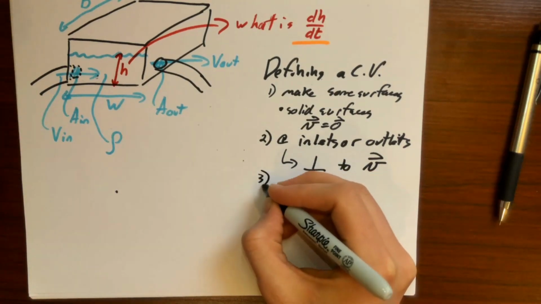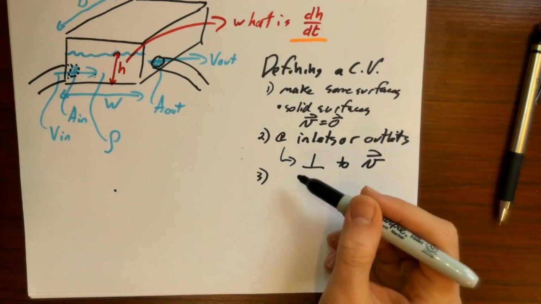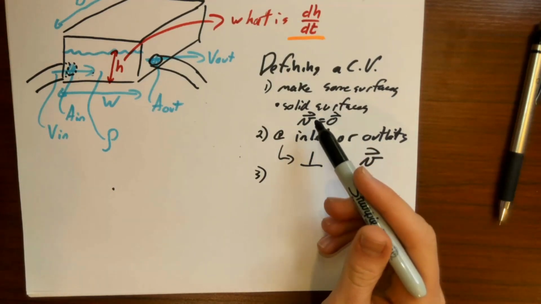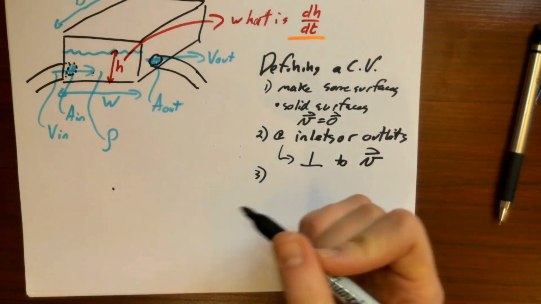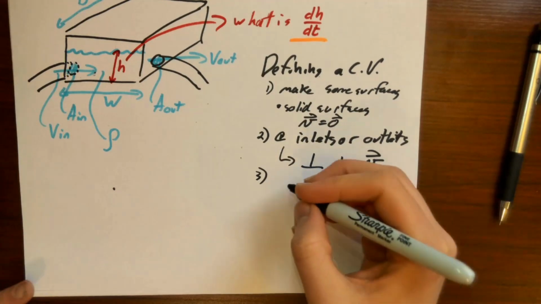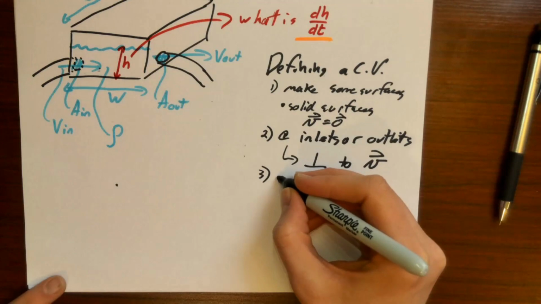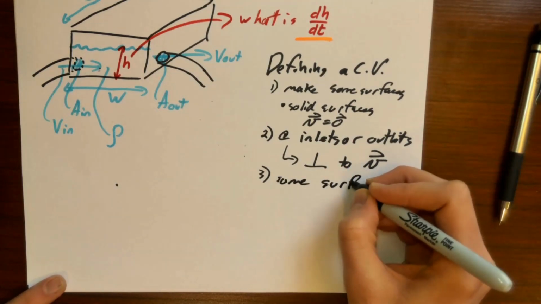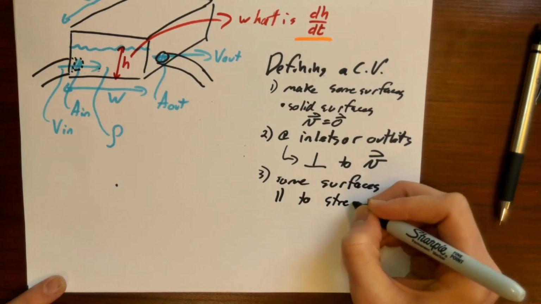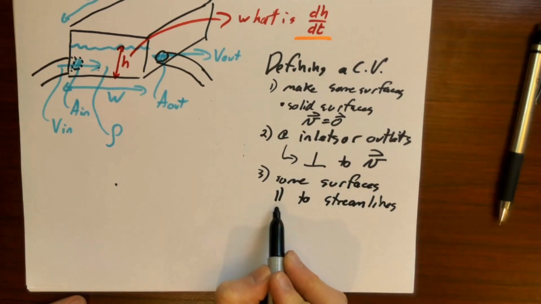So inlets or outlets, and that's going to be helpful. And then another tip for defining a control volume that we didn't do in this problem, but we might want to do for future problems, so I'll just put it here so you're aware of the strategy, is to make some parts of our surface parallel to streamlines.